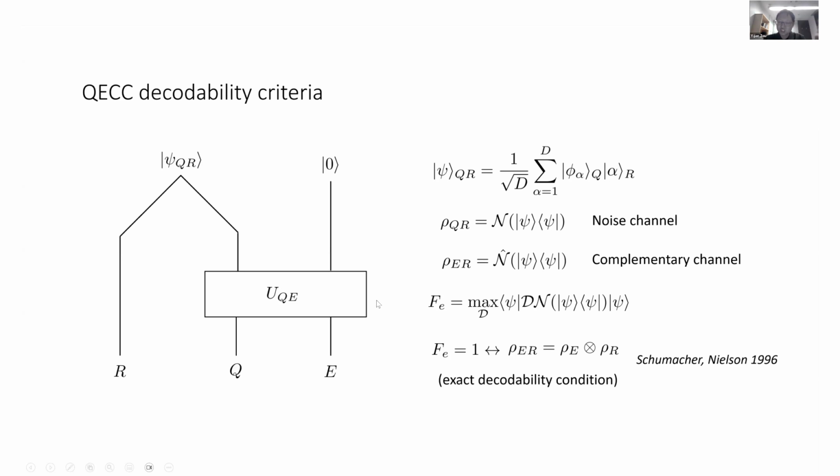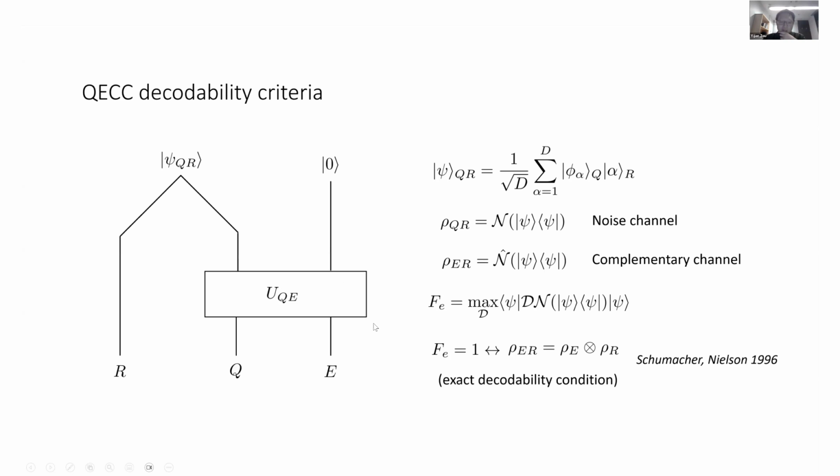We know that a noise channel can be written as a unitary transformation between the quantum system and some environment. So you have an environment initialized into 0, and you use this unitary transformation to couple the system with the environment. Then you trace out the environment, and that gives you the noise channel. And if you trace out the quantum system instead, rather than the environment, that gives you a complementary channel. That's just some name.